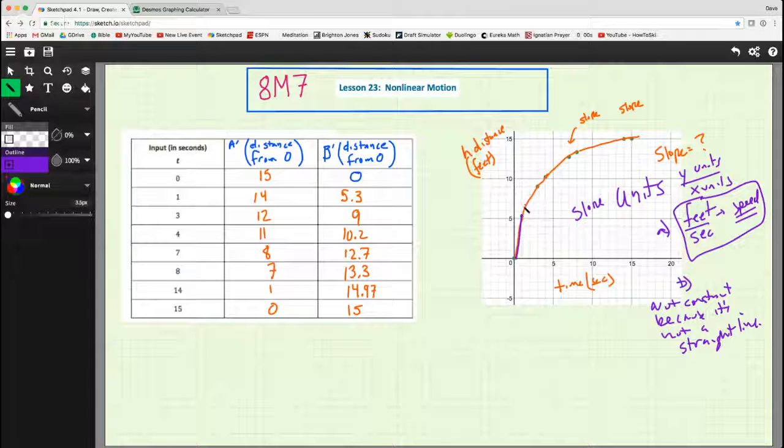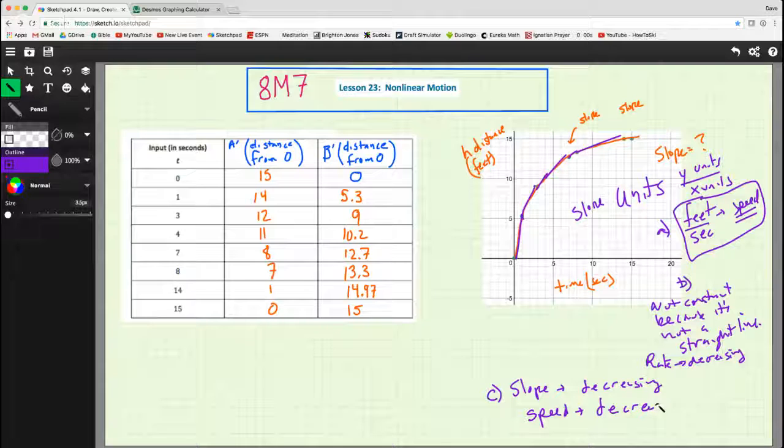It is a steep line getting less steep. So our rate is decreasing. So that means C, our slope is decreasing. So that means our speed, which is our slope, is decreasing. So it's getting slower and slower.